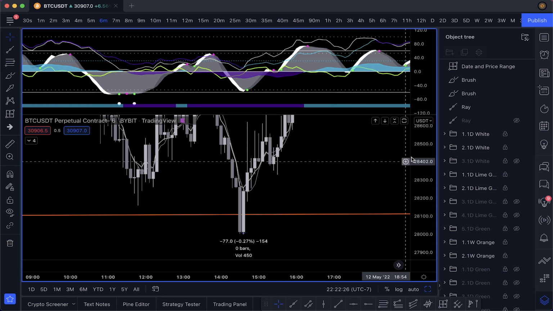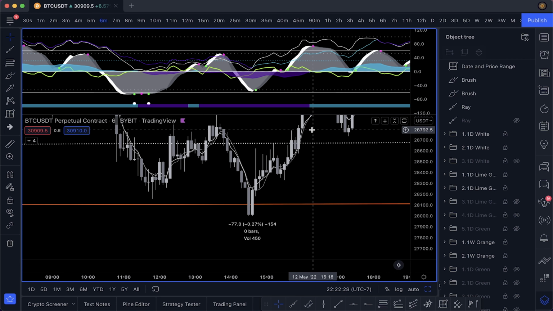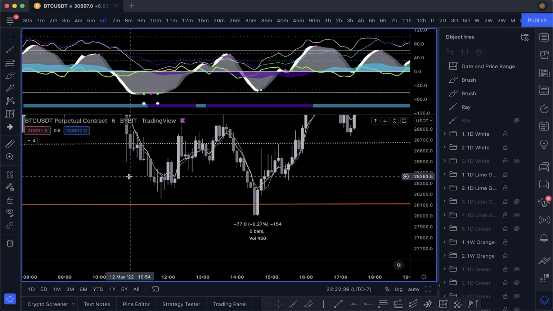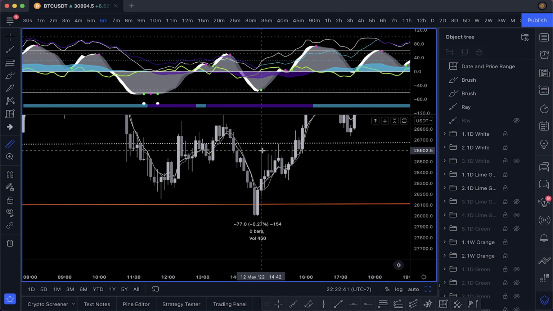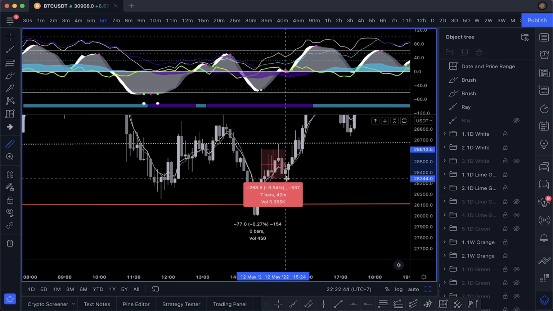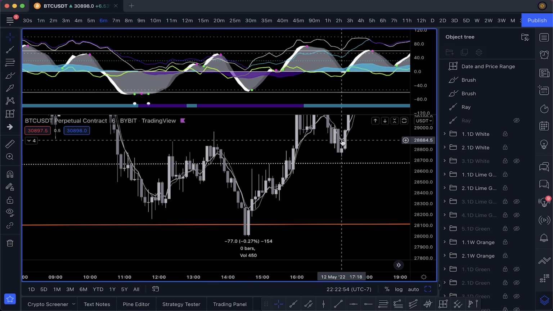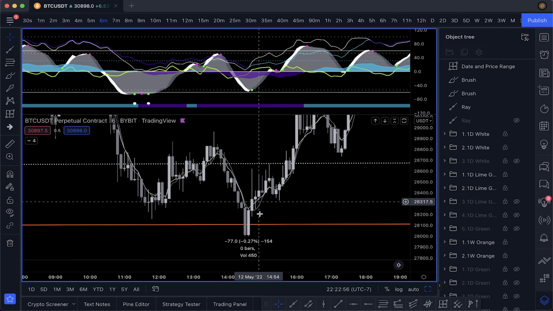That's the thing, guys. These entries, you want them to be right on or very close to the channel, because this one could have entered you on this wick, and then you would have probably got stopped out, right? So just say it entered you right there because you're waiting for the momentum there. No, you didn't get stopped out anyway, but yeah, mess around with it, guys.